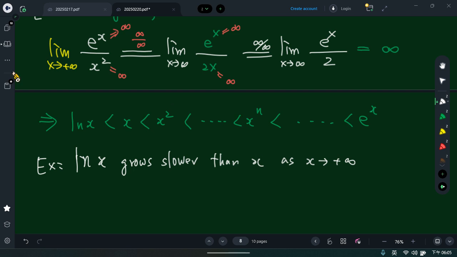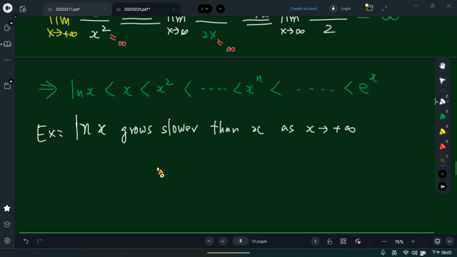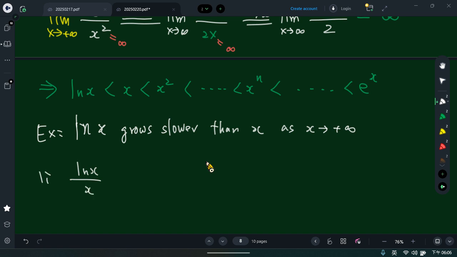Again, if I ask you to evaluate the growth, you can try to put the ratio of ln(x) and x, and try to calculate its limit.